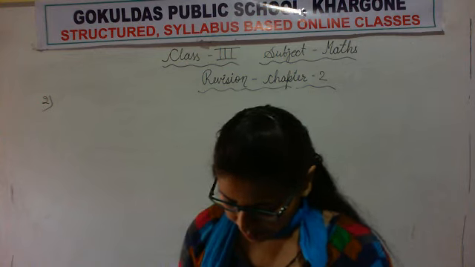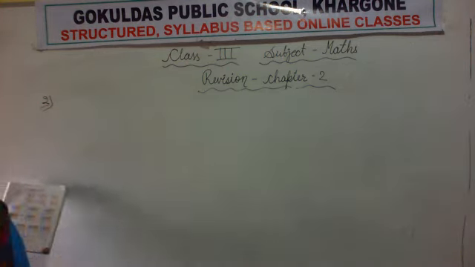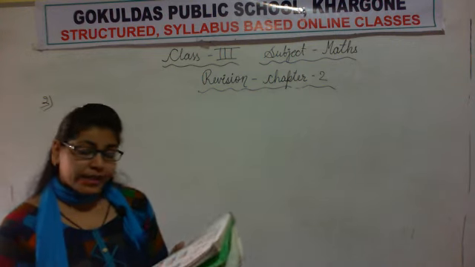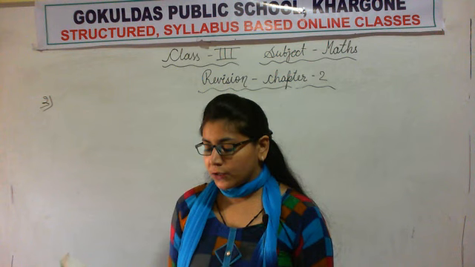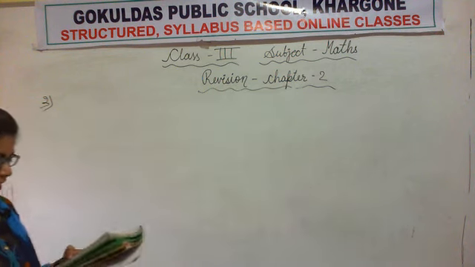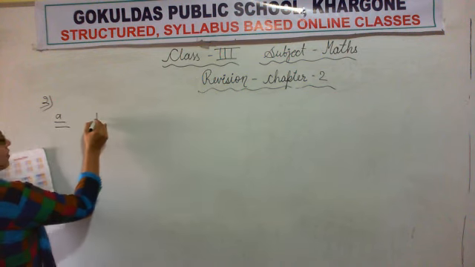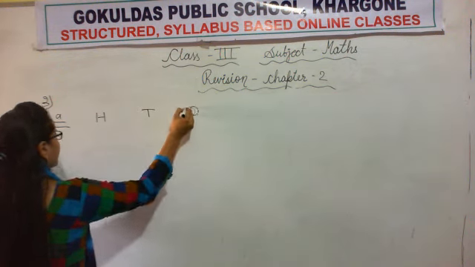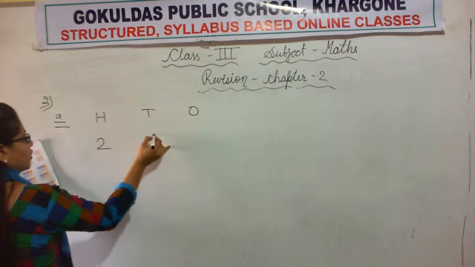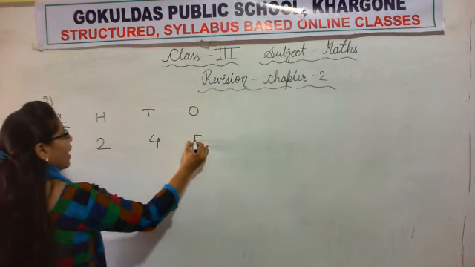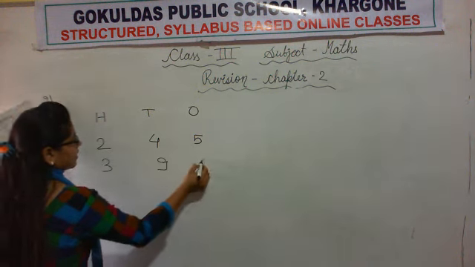Now, question number 3. What is question number 3? Add with regrouping. Now, I hope you all remember the concept of regrouping. Let us see it one more time. In the first question the first addend is 245 and the second addend is 396.